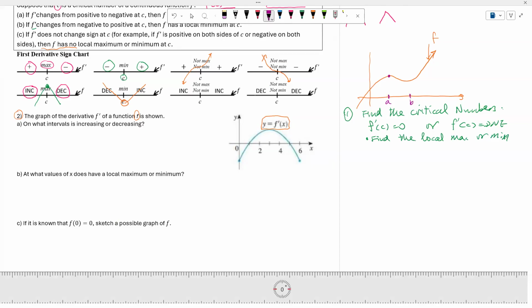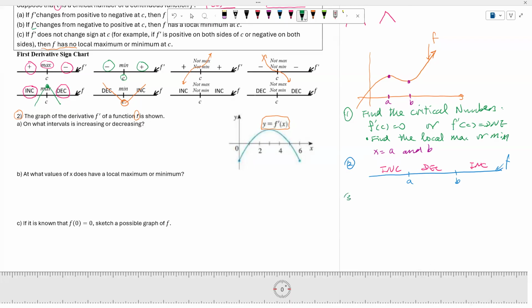In this case, my local maximum is here and my local minimum is here, so the critical numbers are x equals a and b. Step 2: we work with the x-axis values x equals a and b. From negative infinity to a, the function is increasing, from a to b it is decreasing, and from b to infinity it is increasing.